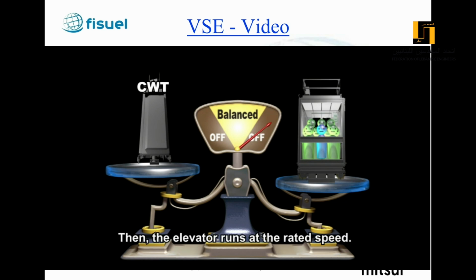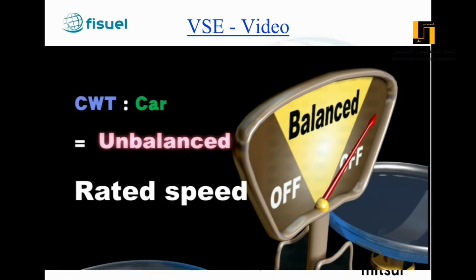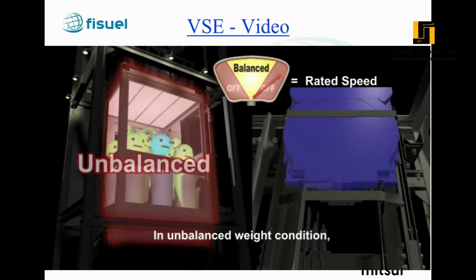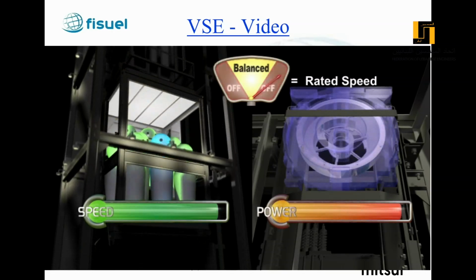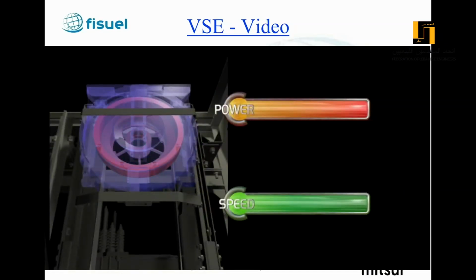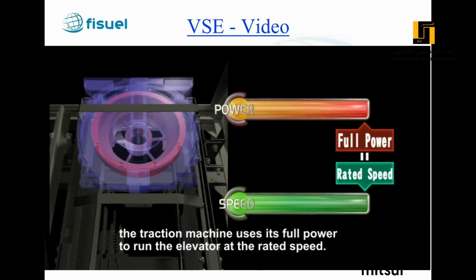Then the elevator runs at the rated speed. In unbalanced weight condition, the traction machine uses its full power to run the elevator at the rated speed.